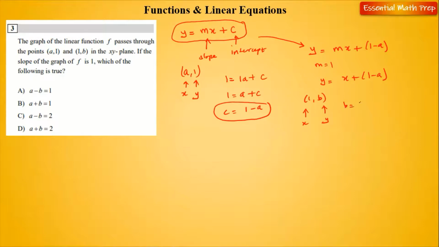So b equals 1 plus 1 minus a, which is b equals 2 minus a. If you add a on both sides, it's b plus a equals 2, or a plus b equals 2. So the correct answer is a plus b equals 2. Does that make sense?